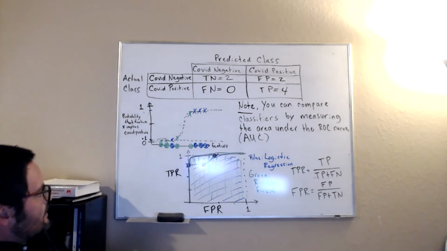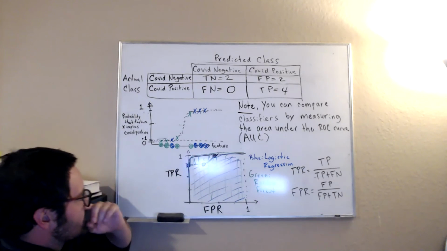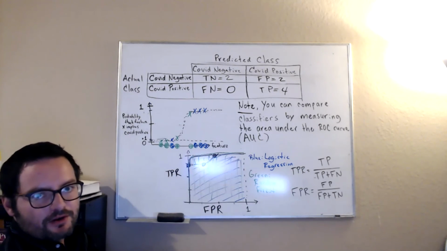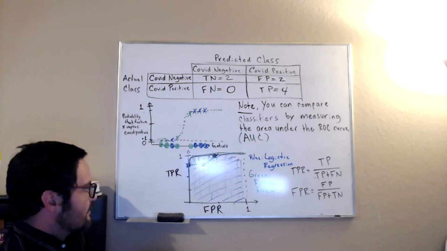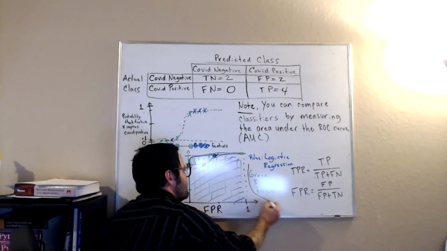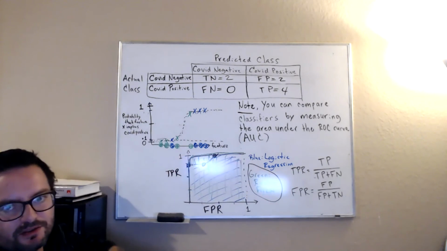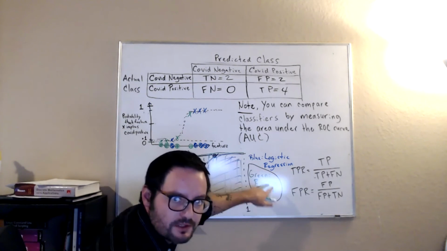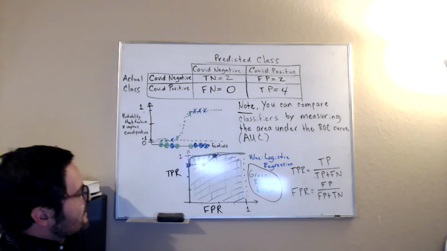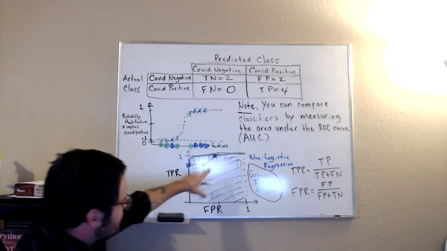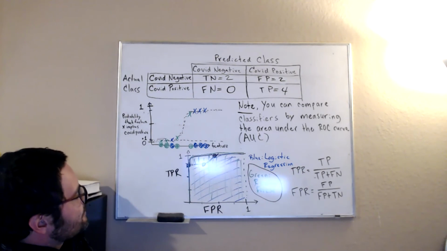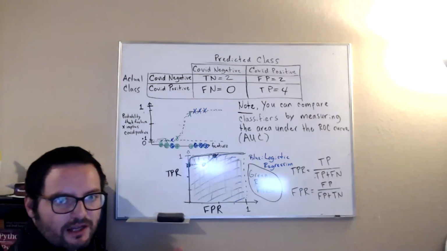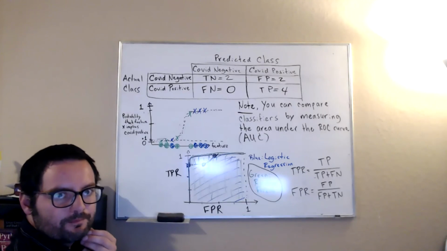Since the area of the random forest ROC curve was greater than the area of the logistic regression curve, we would say that for this given problem, the random forest was a better classifier. I don't know if you can read that because the screen is too bright, but green is a random forest.